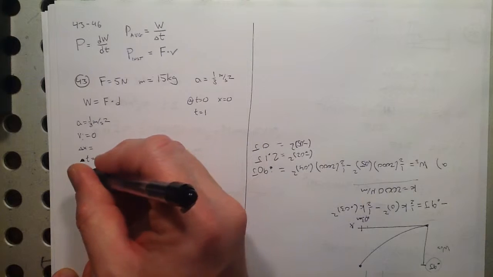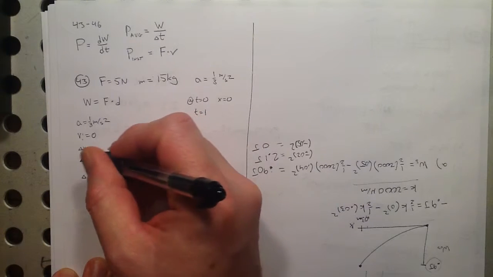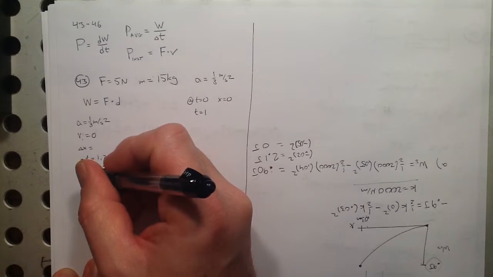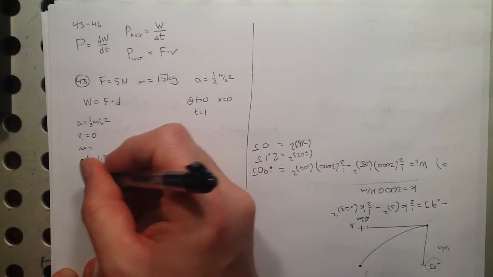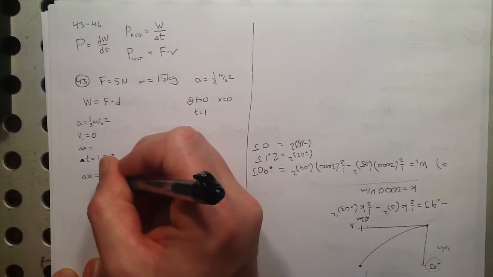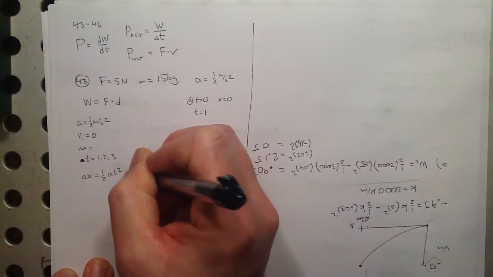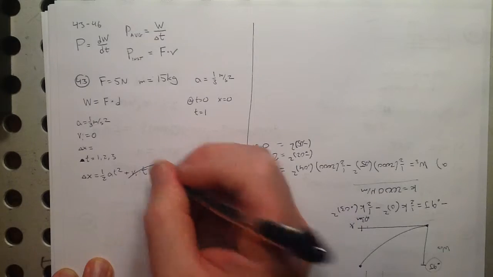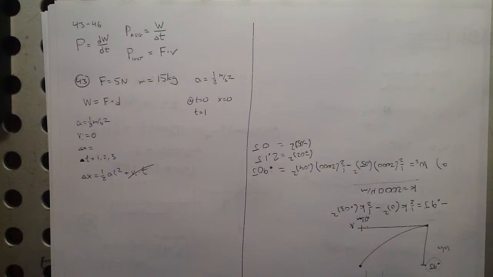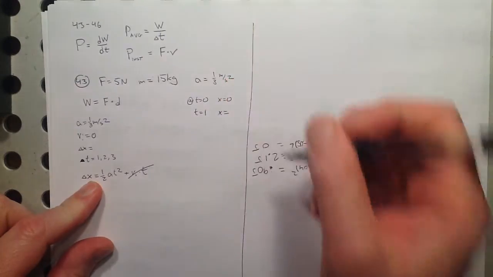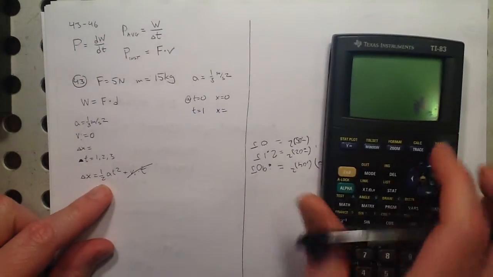I'm going to do this for time 1, 2, and 3. So here, delta x is equal to 1/2 at squared plus initial velocity times time, but the initial velocity is 0, so that term is gone. So the position at each one of these is just 1/2 at squared.